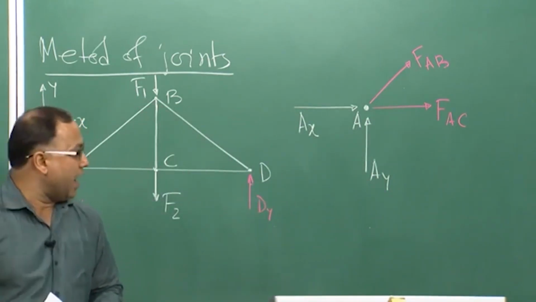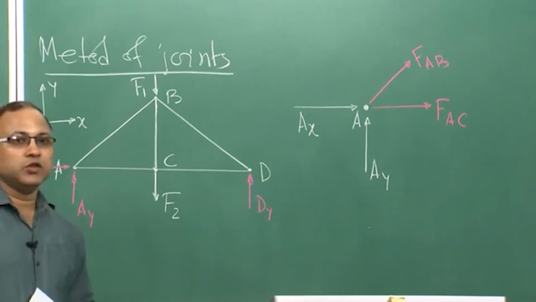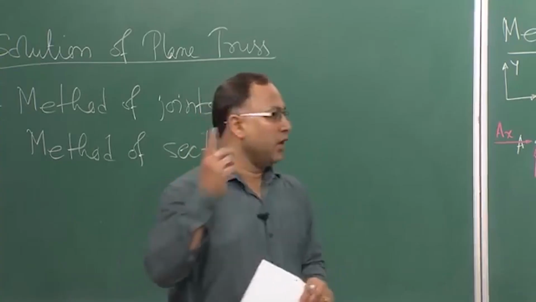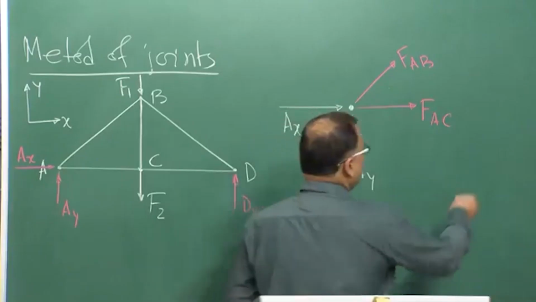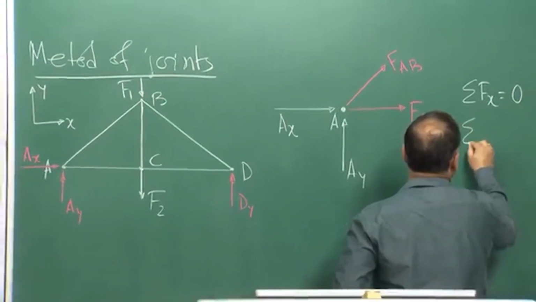So, you have two known parameters AX and AY. You have two unknown parameters FAB and FAC, and two equations of equilibrium available with you.